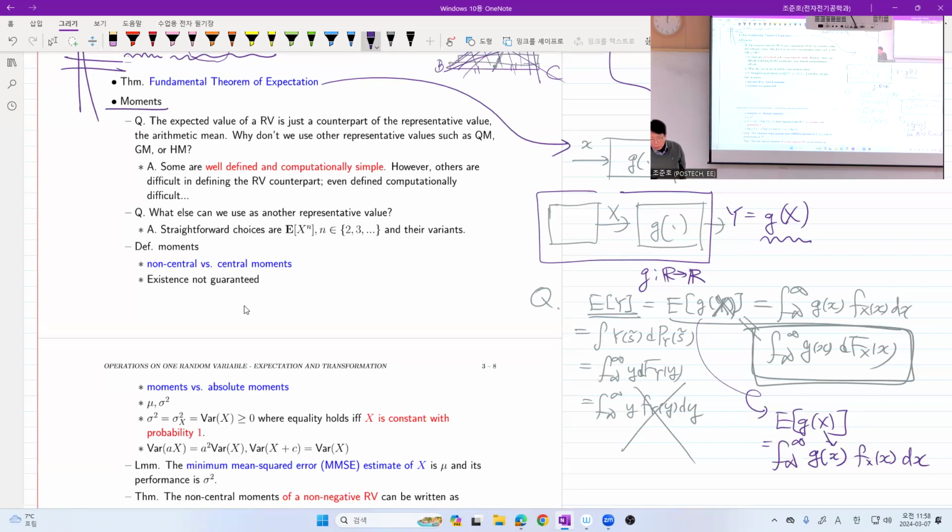Now we define the moments. Why did I present the fundamental theorem of expectation first? Because moments are defined in this way, for example.